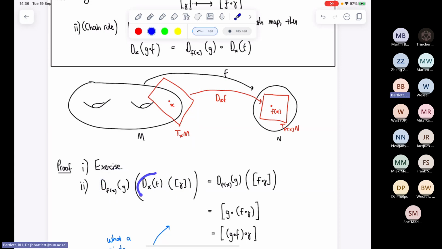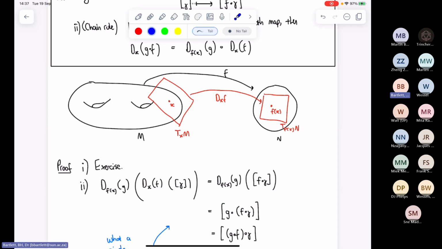So first of all, I've got to calculate this. By definition, that just means it's f composed with gamma, equivalence class. Then I've got to calculate the derivative of g applied to this curve. That means I can take the equivalence class of g composed with this curve. Note where I put the parenthesis, because this thing here is now my curve.